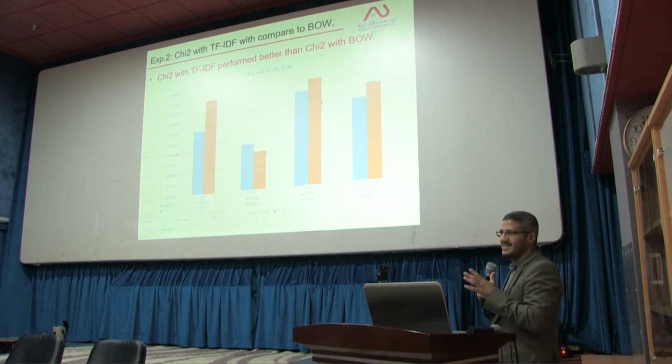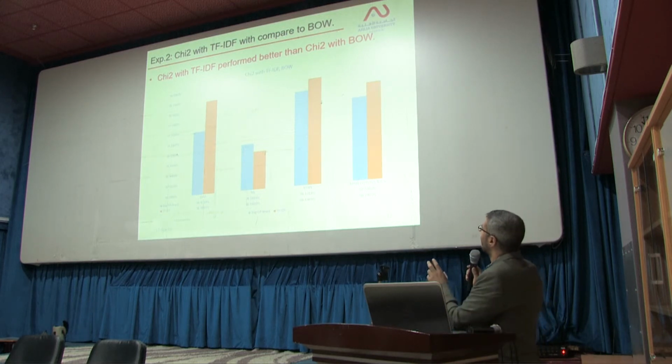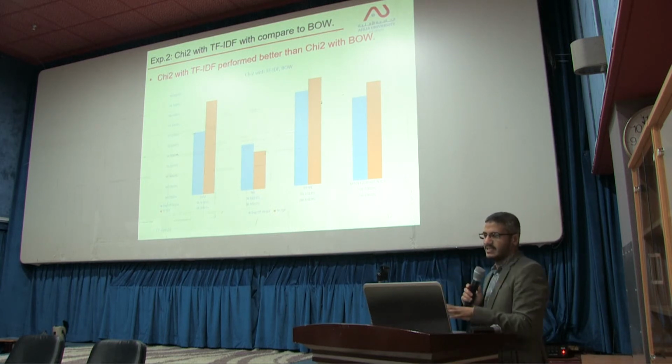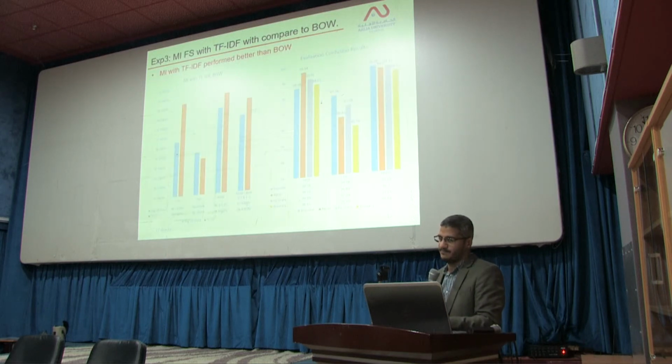Now, feature selection and extraction. In this scenario, we compared chi-square with TF-IDF and chi-square with bag of words. This indicates that TF-IDF is better than bag of words.